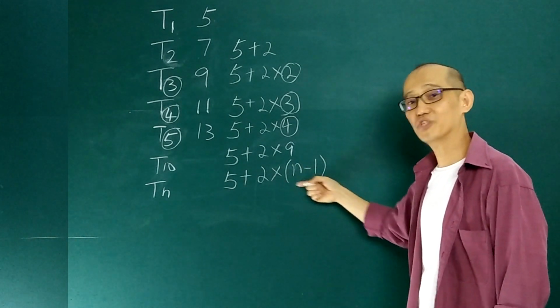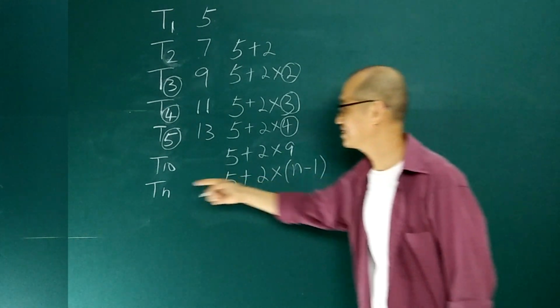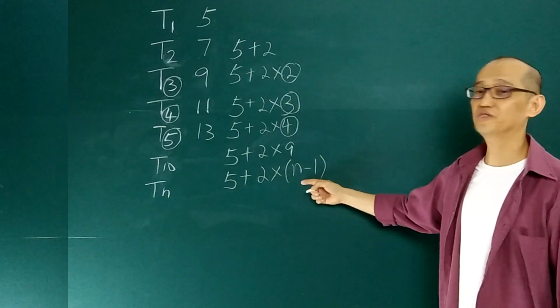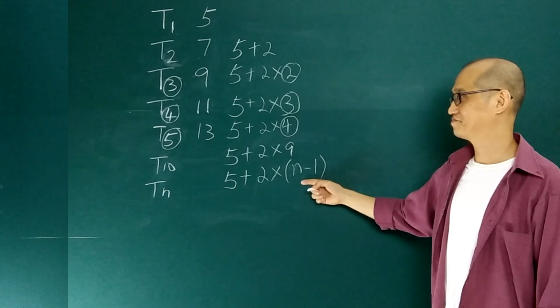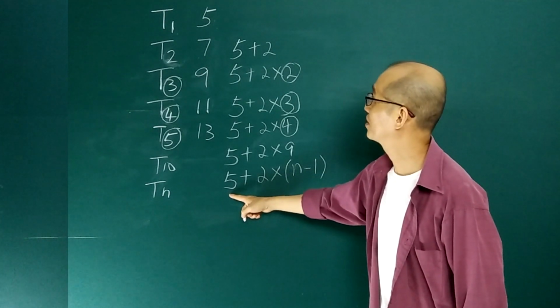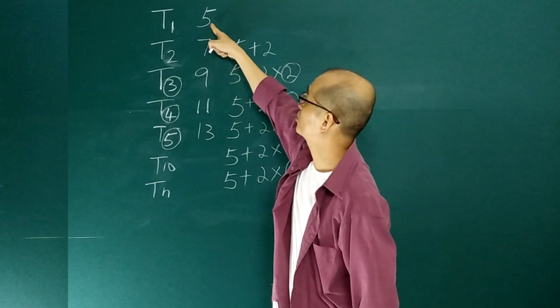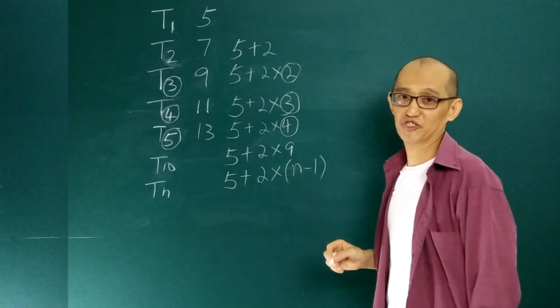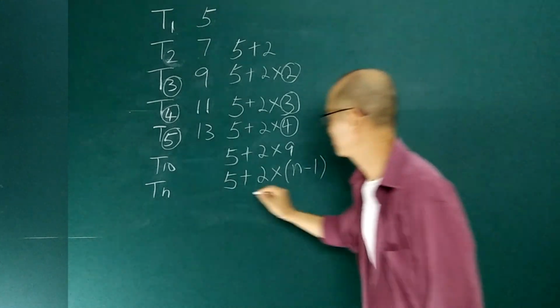Because the number here is always 1 less than the number here. So here is n, here is going to be n minus 1. Right, 5 here. 5 is the first term. We are going to use A to represent the first term instead of T1.